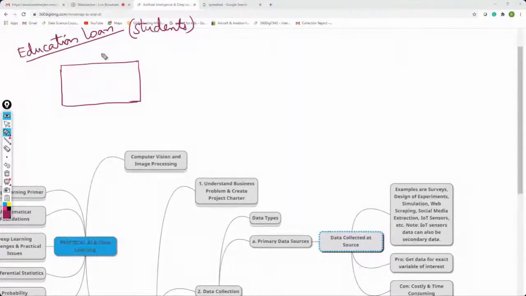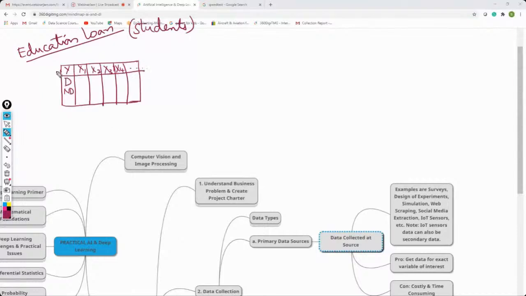So this specific financial institute in the US said, we have all the historical data of how many students have applied, did they repay the loan or did they default, their age, their gender, which college they applied for, their entrance exam marks, and so on and so forth.